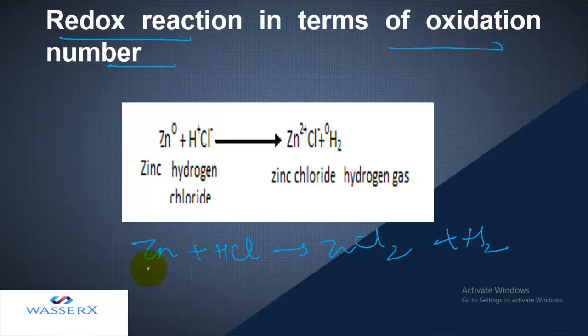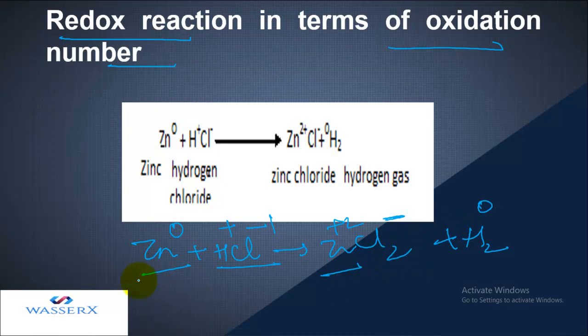For zinc it is an elemental state, so it's 0. For HCl, H is positive. We know that it is combined with a non-metal and comparatively it is less electronegative, so H will be +1. And chlorine is more electronegative, so it is going to be -1. For zinc it is +2, for chloride it is -1. For hydrogen it is 0 because it is in its elemental state.